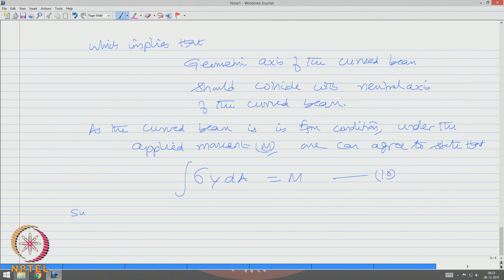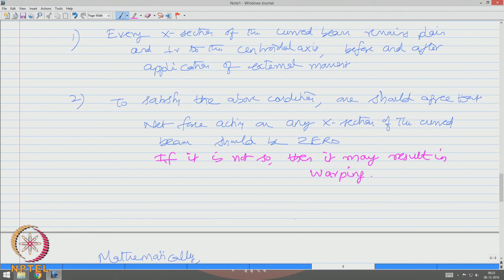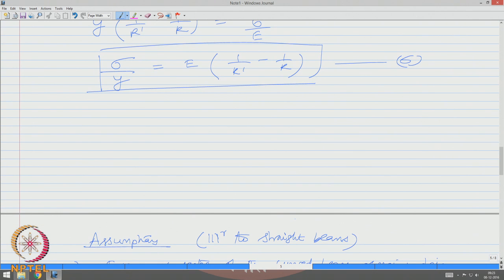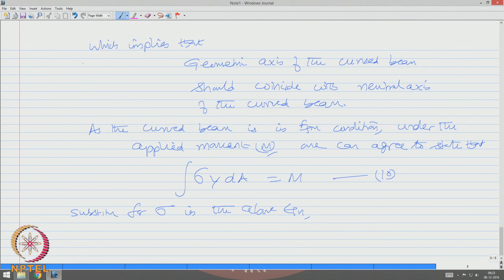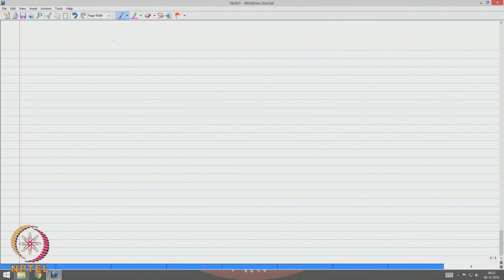Now, substituting for sigma in the above equation, because we already have an equation for sigma, you can see here, we get E (1 by r dash minus 1 by r) integral y square dA should be M.